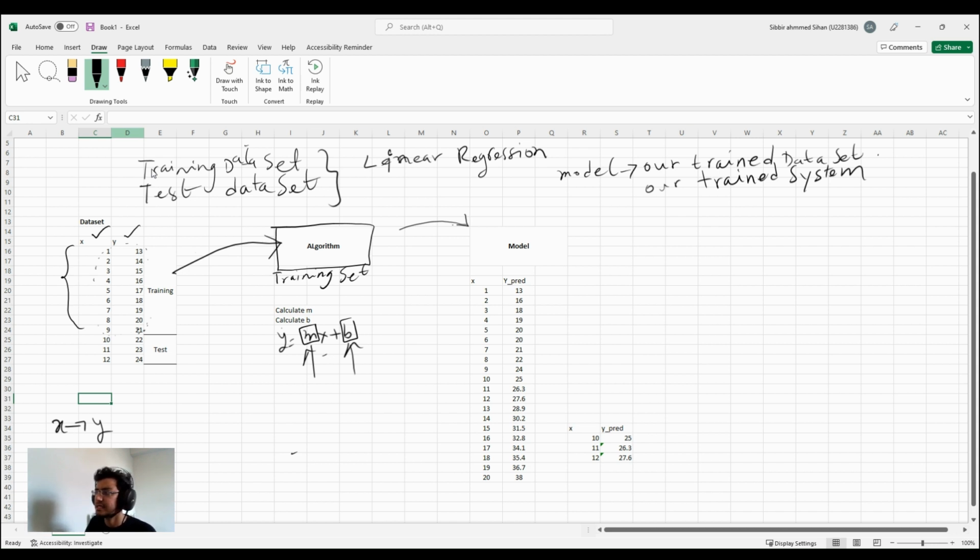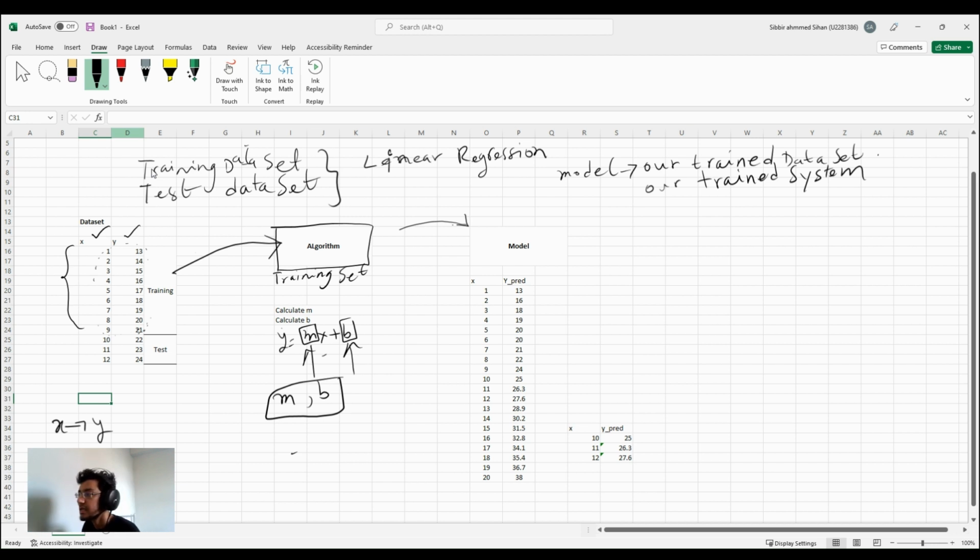But what we can say is, when you train the data set based on the algorithm, it has a brain, and in the brain it has the value of m and the value of b figured out. So now comes the part of the prediction.